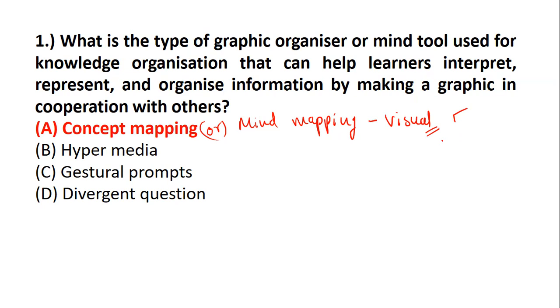There are many types of concept mapping, such as system concept mapping, and concept mapping with the help of clusters. There are different types, and it depends upon how you map it. So this type of organizer or mind tool is called concept mapping. You map the concept, which means you learn it with visualization, but you visualize it in a very structured format, right?